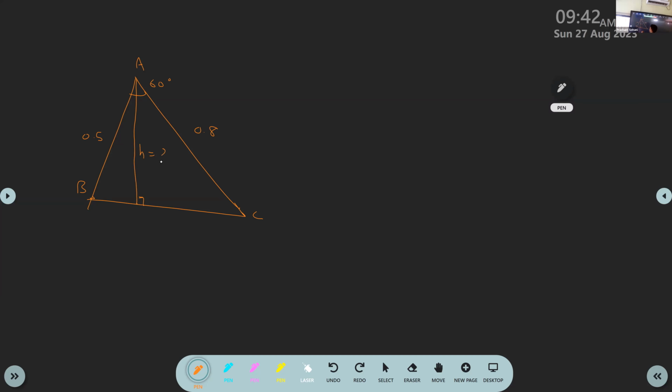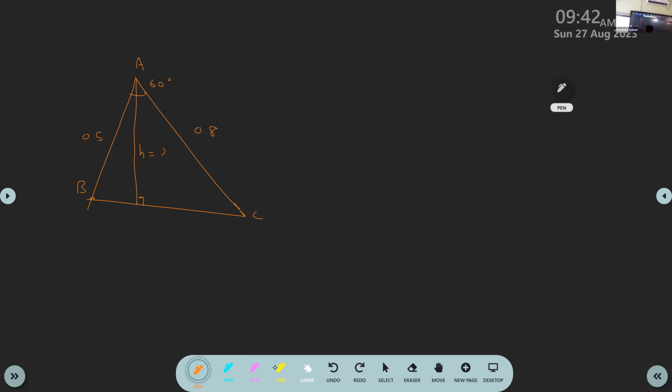So this is what I have to find out. Maybe I cannot find it directly, but I can find it indirectly. If I first find the length of my base BC and the area of the triangle, then I'm done.